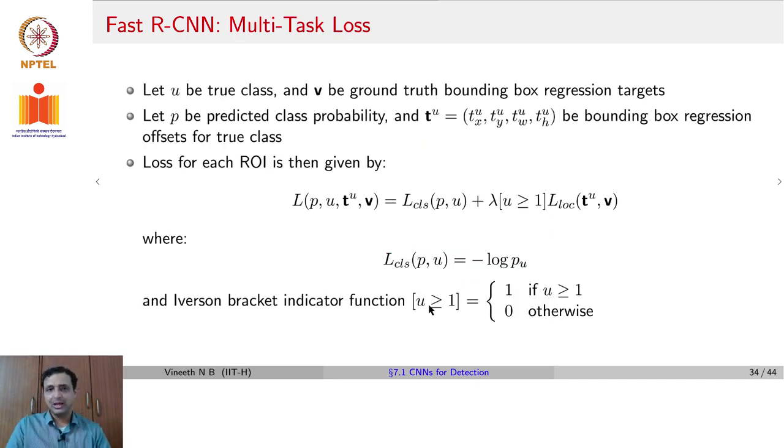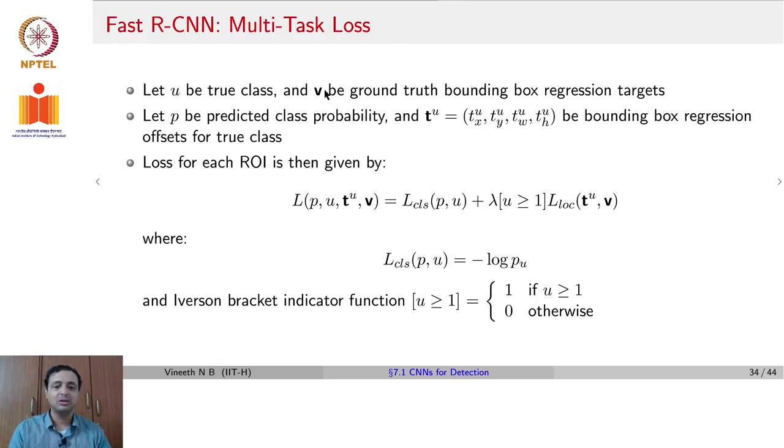Once ROI pooling is done, you then send it through further layers, fully connected layers, at the end of which you have 2 heads with 2 different loss functions. So you have a multitask loss, one task for classification and one task for regression.